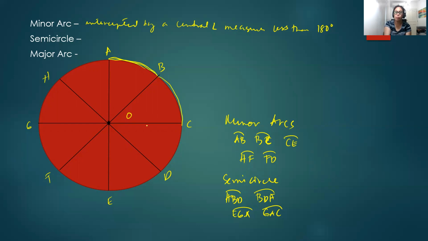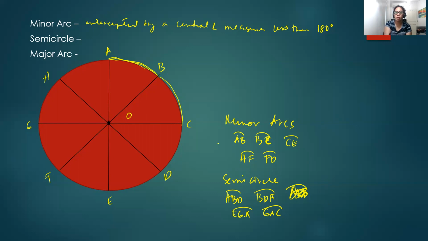For example, HBD. This is an example of a major arc, but let's concentrate on the semicircle.